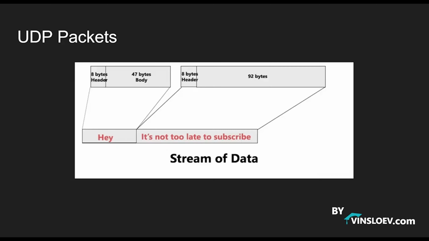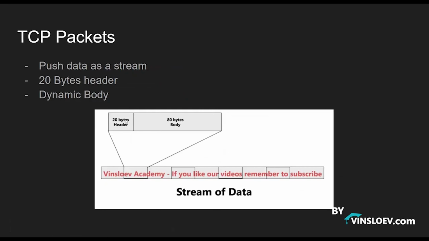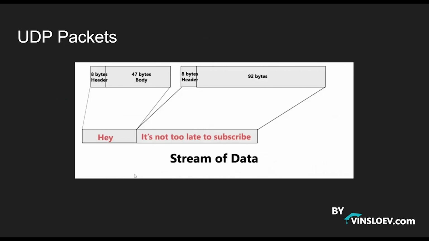So how does that work when we look at packages? As we saw before, we divided our data into equal sized packages, because we can use the max length of a package and we don't need to care about the meaning of the words. But in UDP we actually do, because if you're missing a package, we can't let him have half a word.